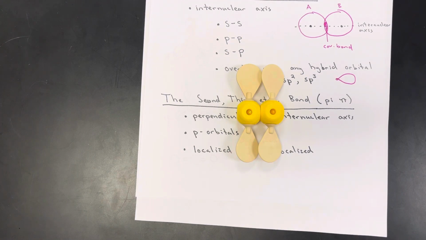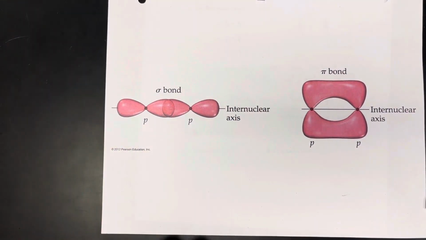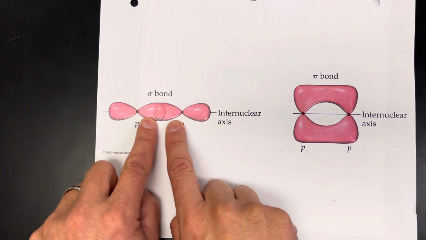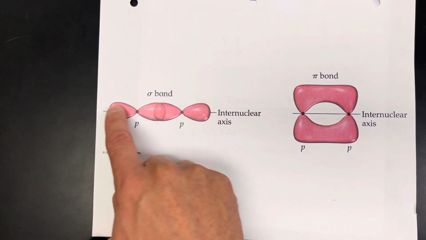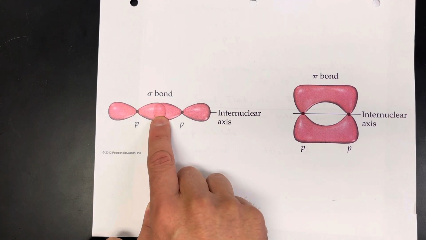I have a picture from our textbook that shows the difference between something that occurs on the internuclear axis, which is a sigma bond, versus a pi bond. This is a nice picture of these p orbitals getting close to each other, and everything's occurring on the internuclear axis, so this is going to be a sigma bond.